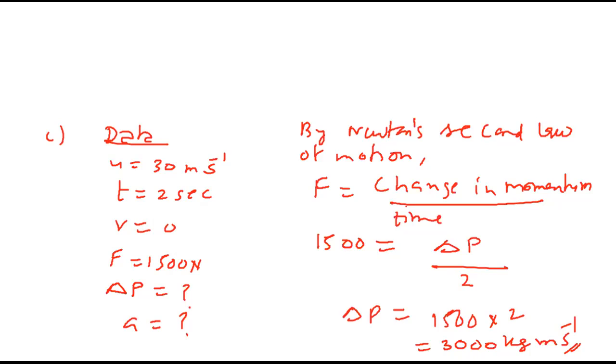How to get acceleration from UVT? V is equal to U plus AT. Then solve, or A is V minus U upon T. Get acceleration. V is U plus AT.